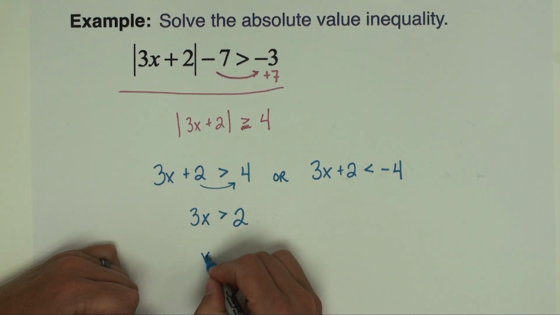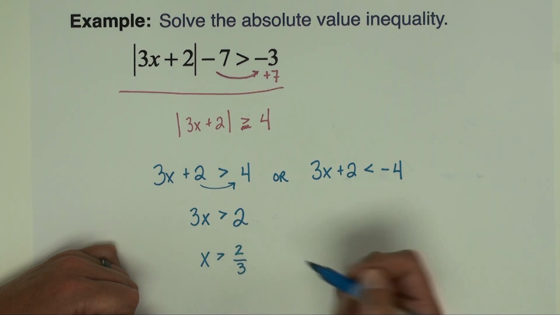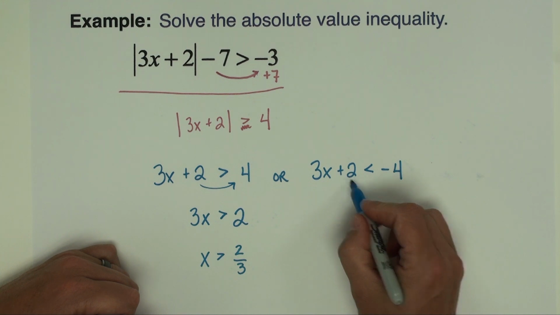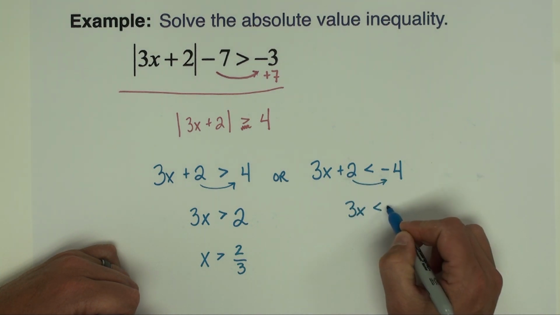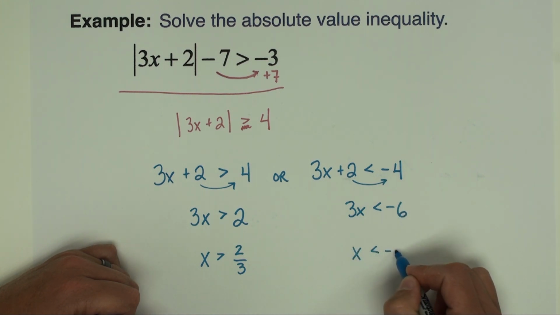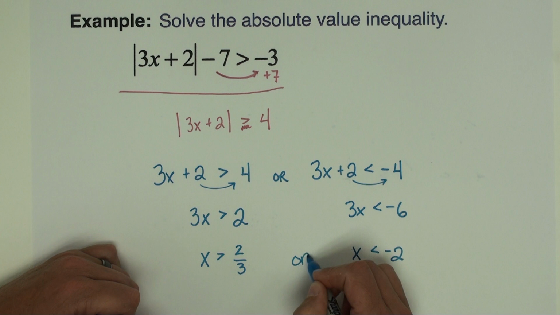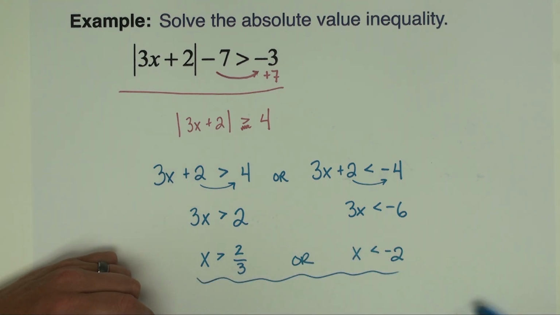Divide by 3, x is greater than 2/3. Over here, we're going to subtract the 2, so 3x is less than negative 6, and divide by 3, x is less than negative 2. Okay, so here's our solution. Let's go ahead and put that on a number line.